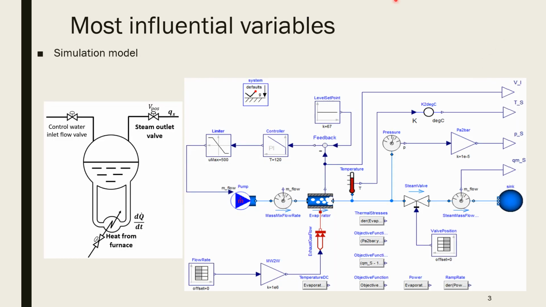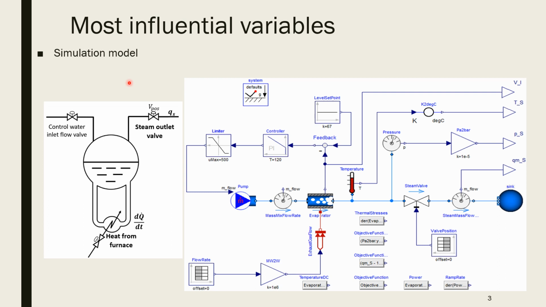To formulate the optimization of the drum boiler as an optimization problem, there are some influential variables to take into account. First, the simulation model. The fidelity of the simulation model of the system is an important variable in the results obtained.